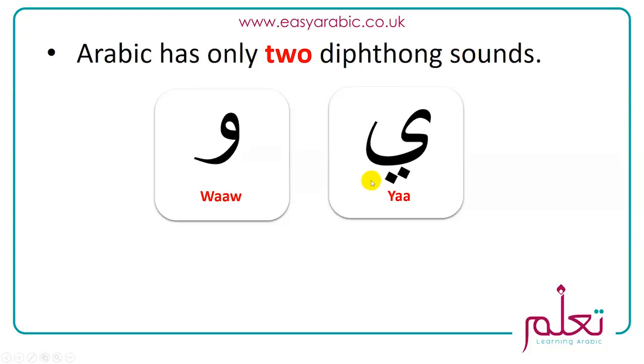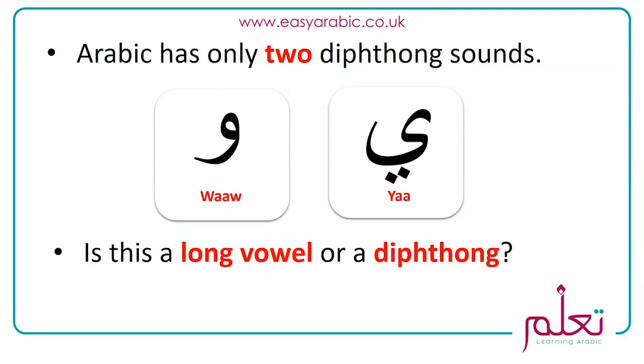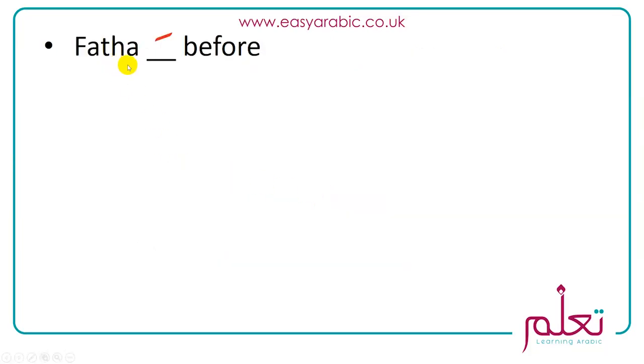You might be asking, hold on a minute, we've just done this. These are long vowels. So is this a long vowel or a diphthong? How will I know? When we see a fatha before the ya or the waw, and the letter has a sukoon on it, then it's a diphthong.